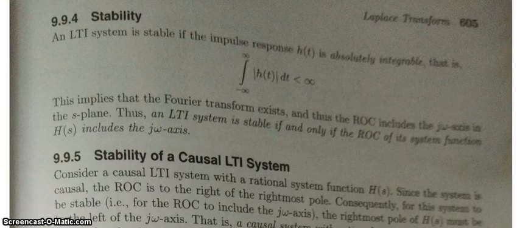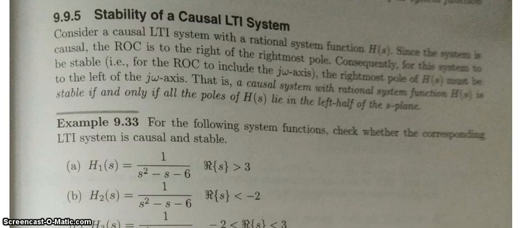Only if the ROC contains the imaginary or j omega axis is the given system stable. Now the condition for a given LTI system to be both stable and causal. For the system to be causal, its ROC must lie to the right of the rightmost pole, and for the system to be stable, the ROC must include the j omega axis.